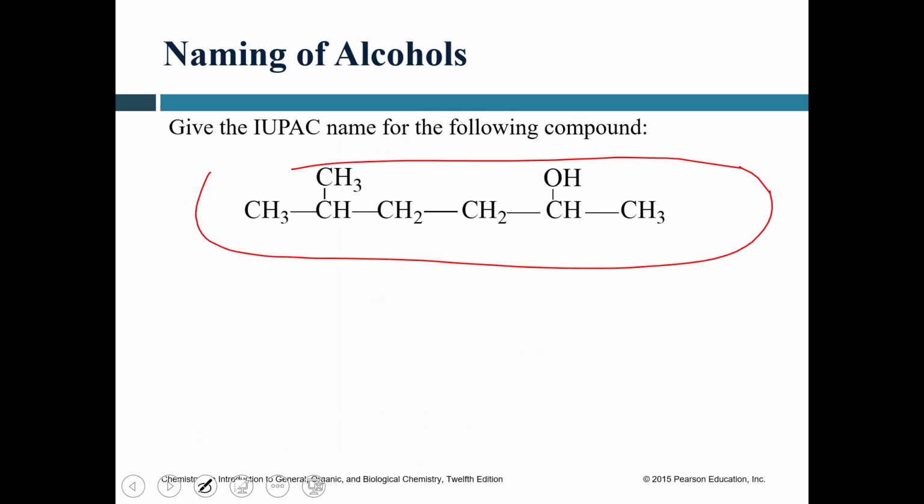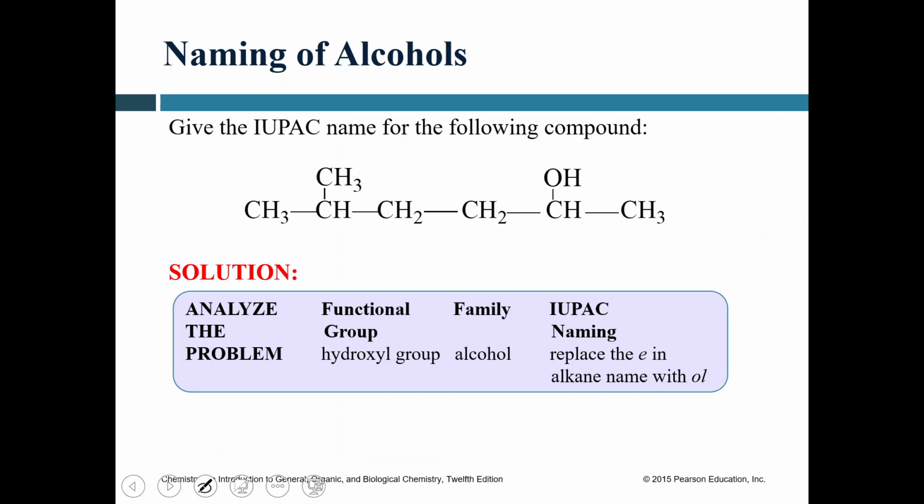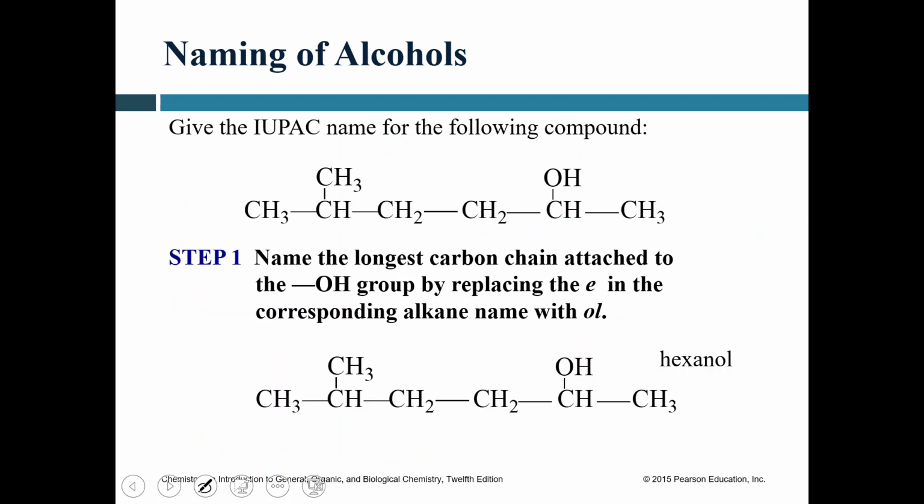What are we naming this one? First, we need to identify the longest carbon chain, which will be this. This longest carbon chain contains 6 carbons, so it's going to be hexa, and it's going to be some kind of a hexanol.